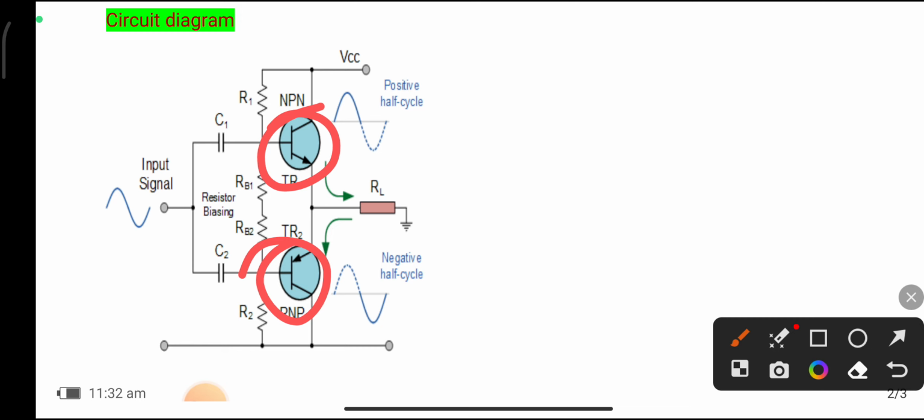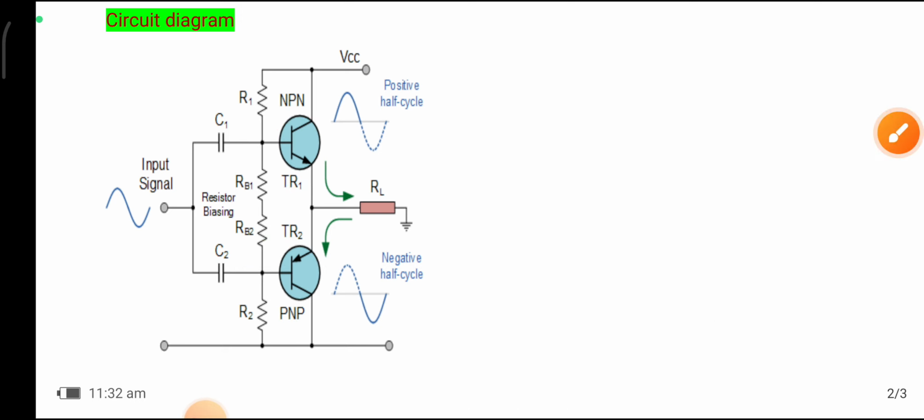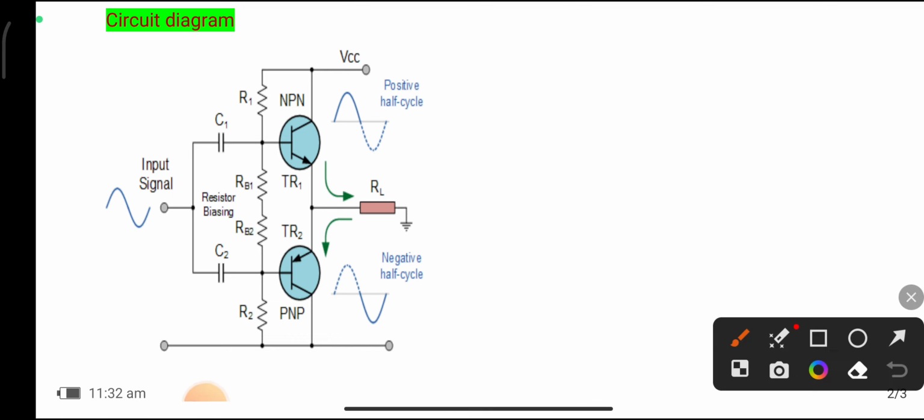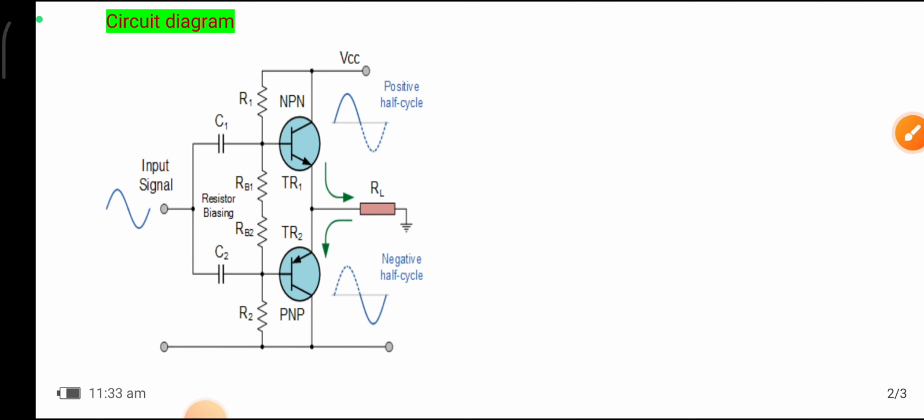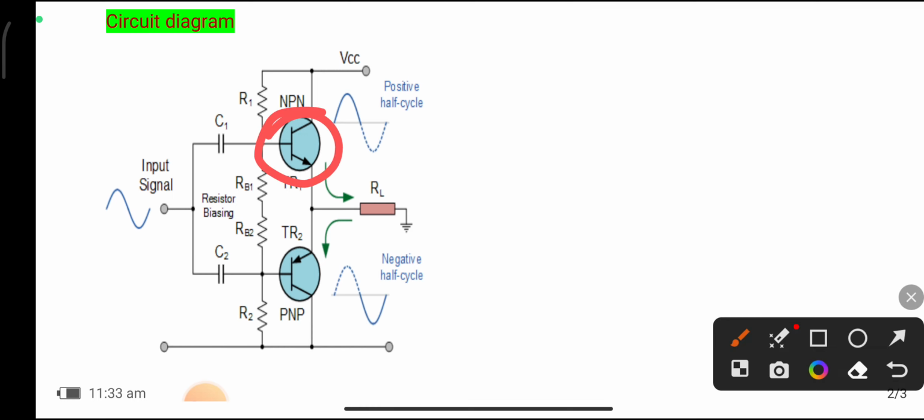Okay, so next, this is the non-transformer class B push pull amplifier. Here the circuit doesn't contain transformers, at input or output. In the case of the positive half cycle of the input, the NPN transistor conducts. Here the current direction is like this. In the negative half cycle, the NPN transistor, transistor TR1, is off and TR2 is on.